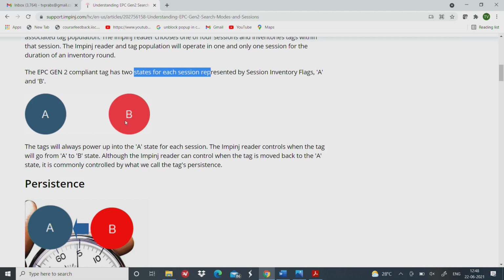So how long it comes back after being in B state is another thing, we will come to that. But the good thing is if you are inventoried in A, the tag moves for that particular session to B, it now keeps quiet for at least some amount of time, because it says I have got inventoried, let me give a chance to others who are far off and get inventoried.